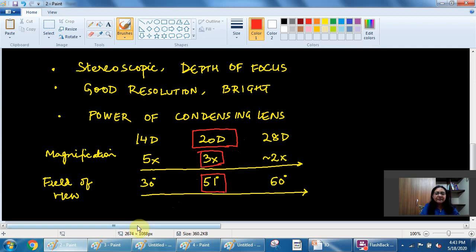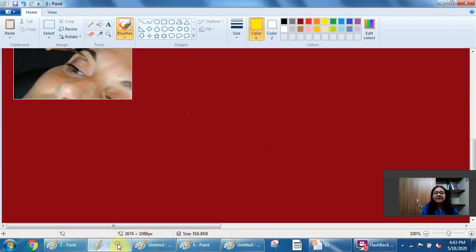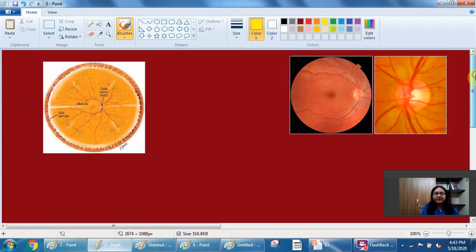So how does the retina look when we are seeing it through the indirect ophthalmoscope? This is your retina. We can see the complete retina from the central part. Here, this is your optic nerve head. You are seeing the central part of the retina, that is the macula.